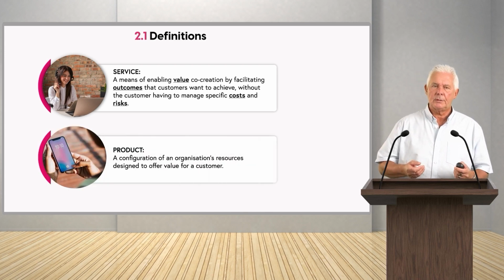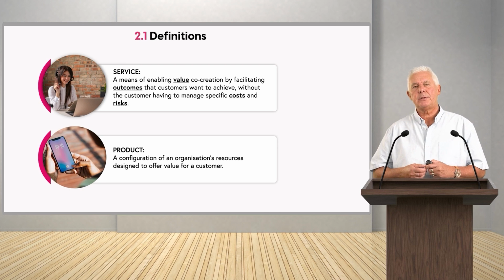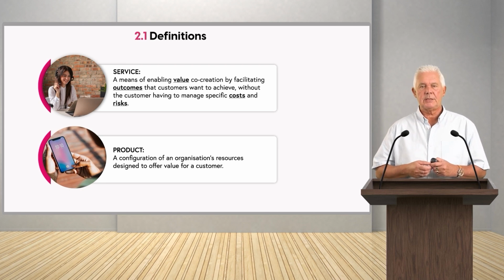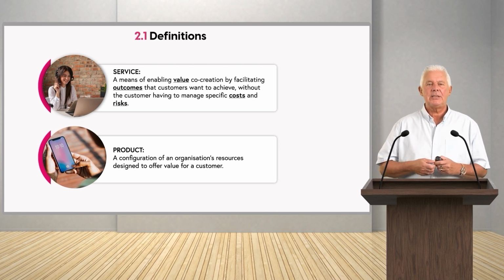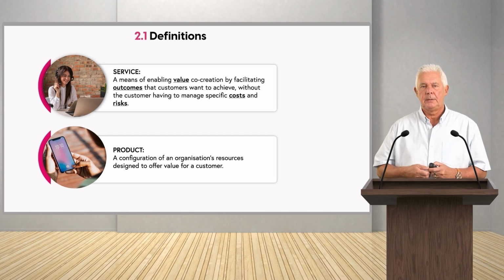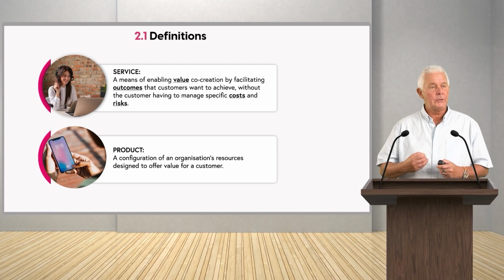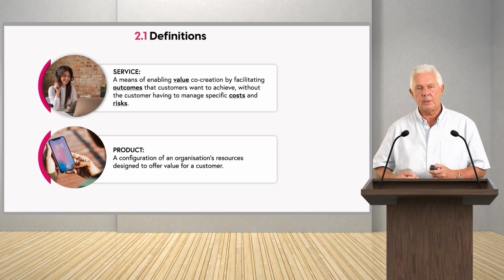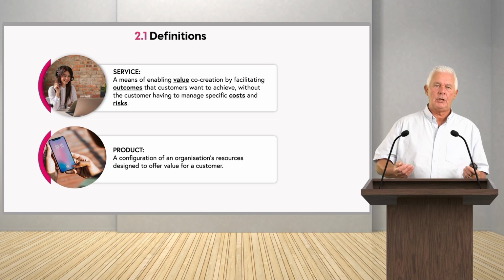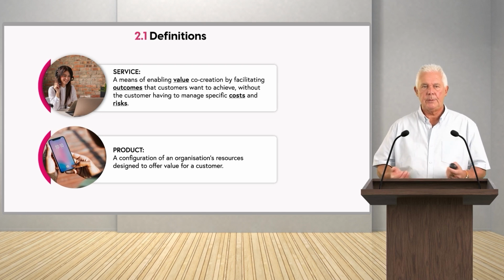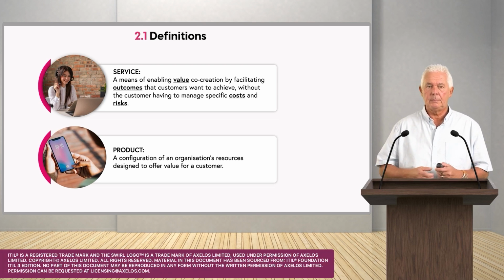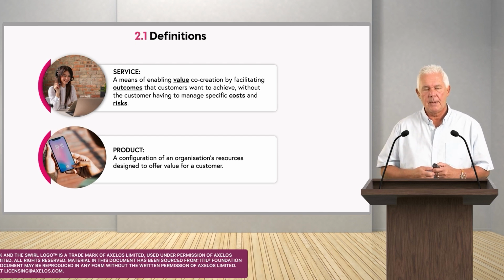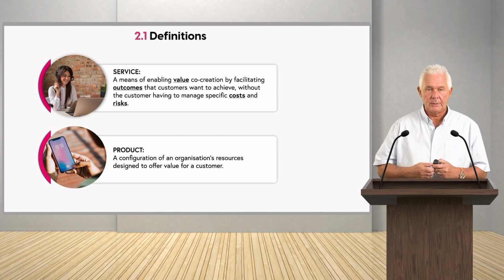What's a product? A product is a configuration of an organisation's resources designed to offer value for a customer. So what does that mean? If you think about services, they are underpinned by a lot of technology components and products. A batch scheduler is important in underpinning a service when up-to-date information is required, such as updating a customer's bank account.